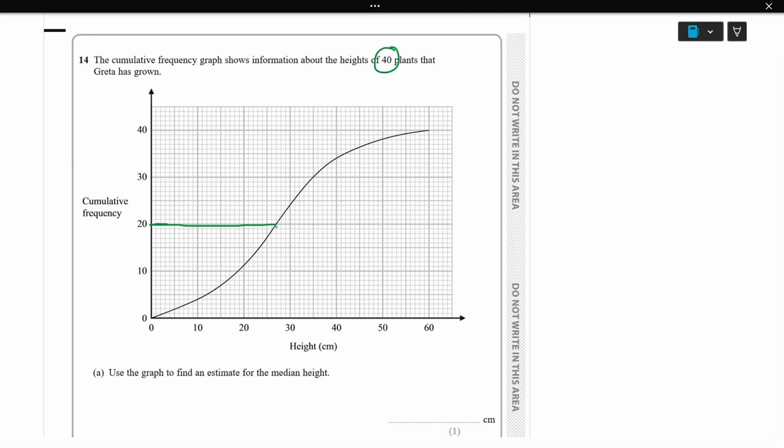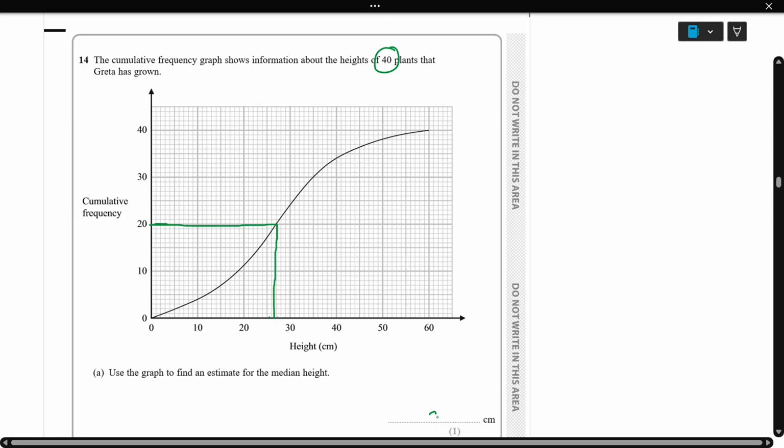So the answer is going to be 27 centimeters.